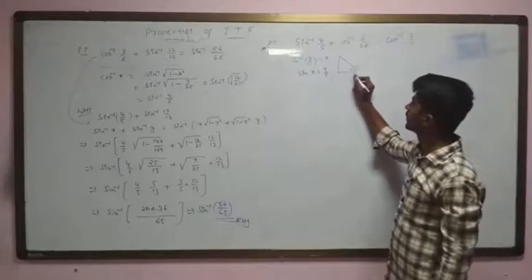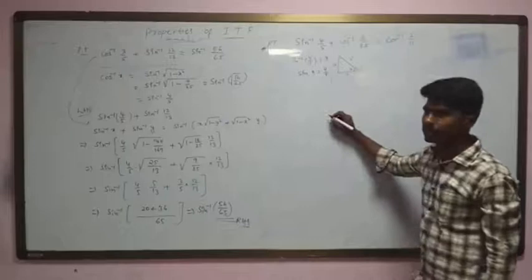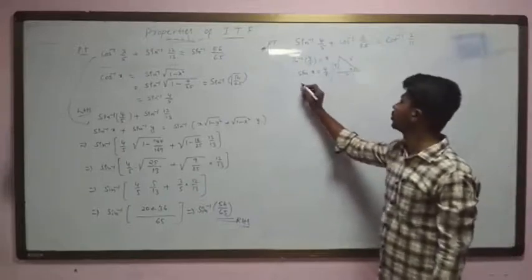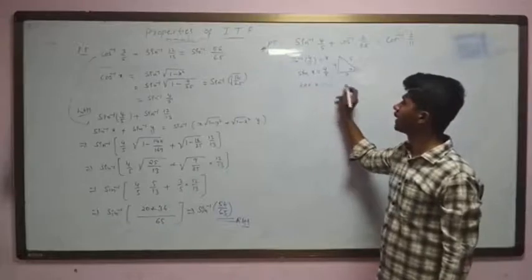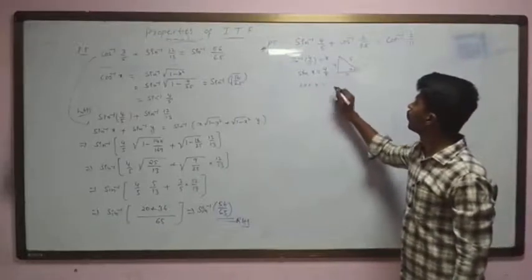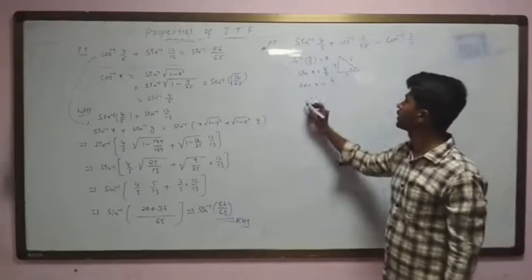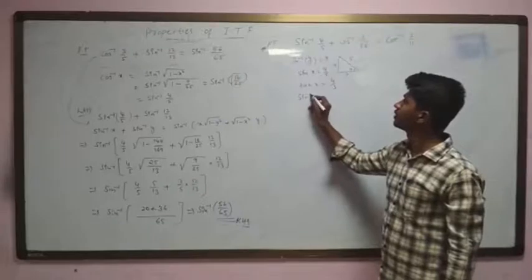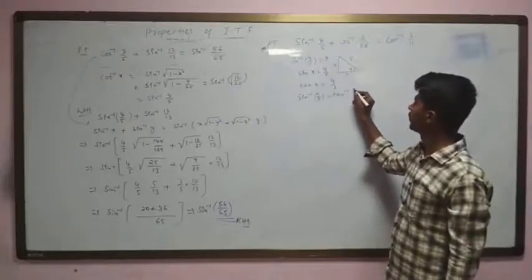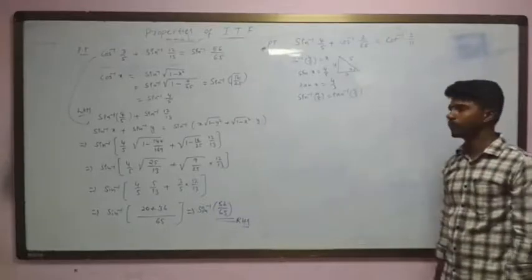If I take this one as x, 4 and 5, automatically we get the third side as 3. I want to convert in terms of tan, so tan x is equal to 4 by 3. x, which represents sine inverse 4 by 5, can be written as tan inverse 4 by 3.